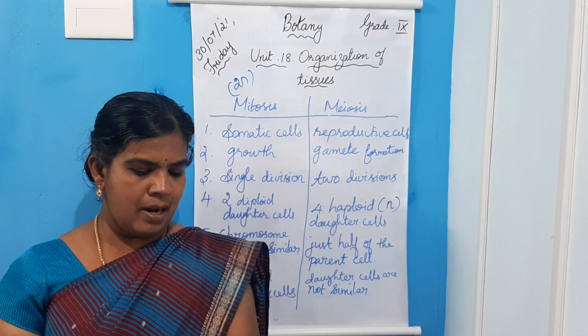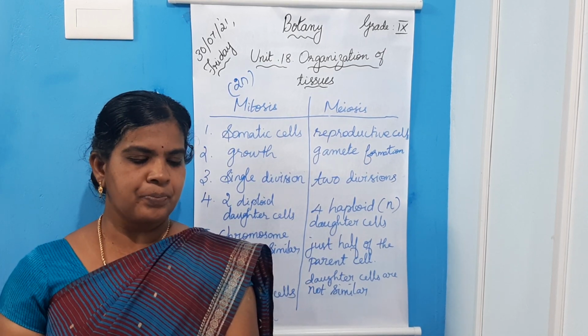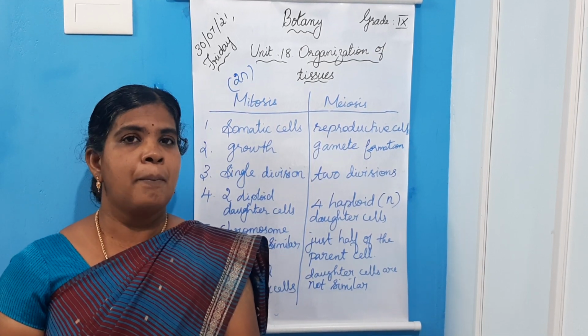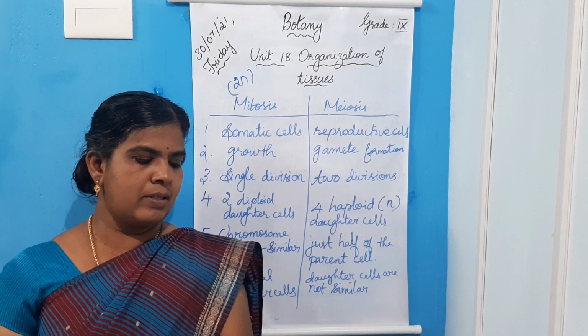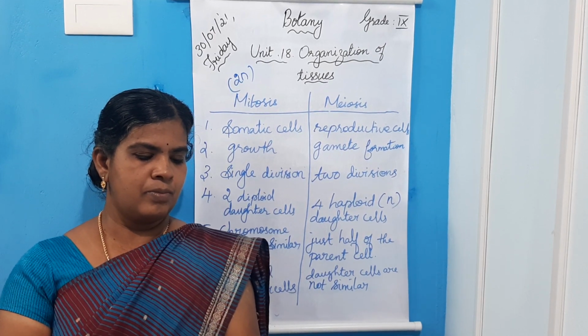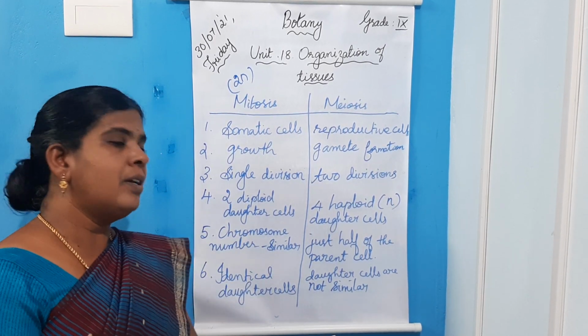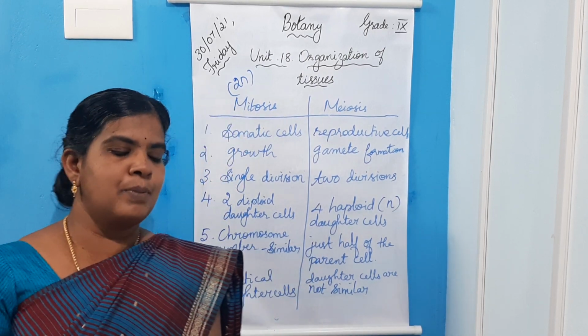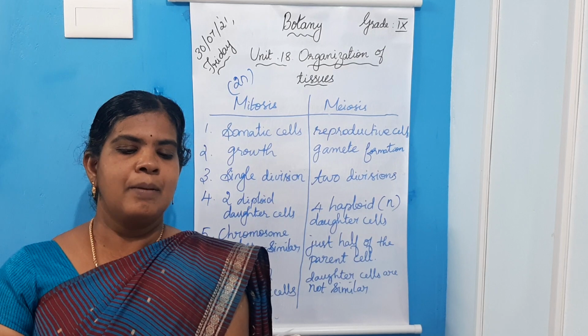The answer is on page 222, Table 18.3, differences between mitosis and meiosis. Six points are there. You have to mark the six points.